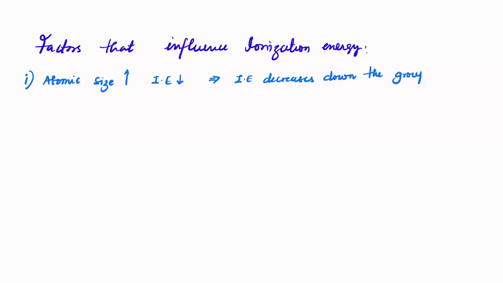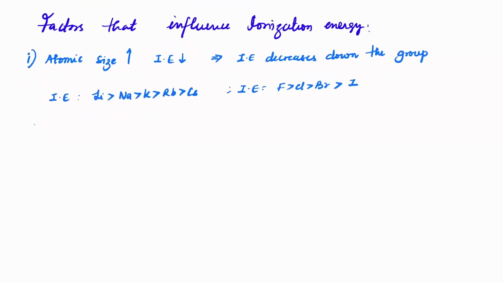So generally, I can say the ionization energy of lithium is greater than sodium, greater than potassium, greater than rubidium, greater than cesium, and so on. The same goes for fluorine, chlorine, bromine, iodine. In most cases ionization energy always decreases down the group because the size is increasing, and size also decreases from left to right. So we expect that ionization should increase from left to right.